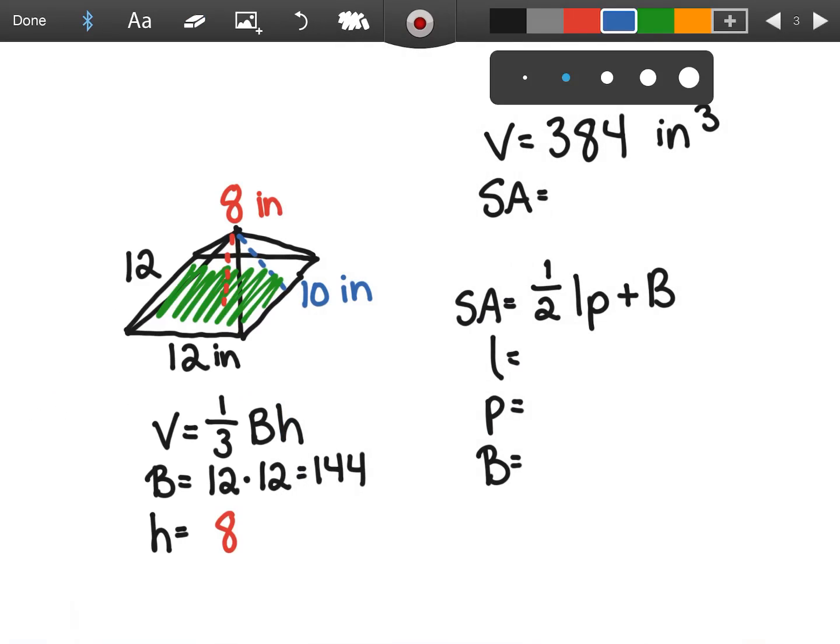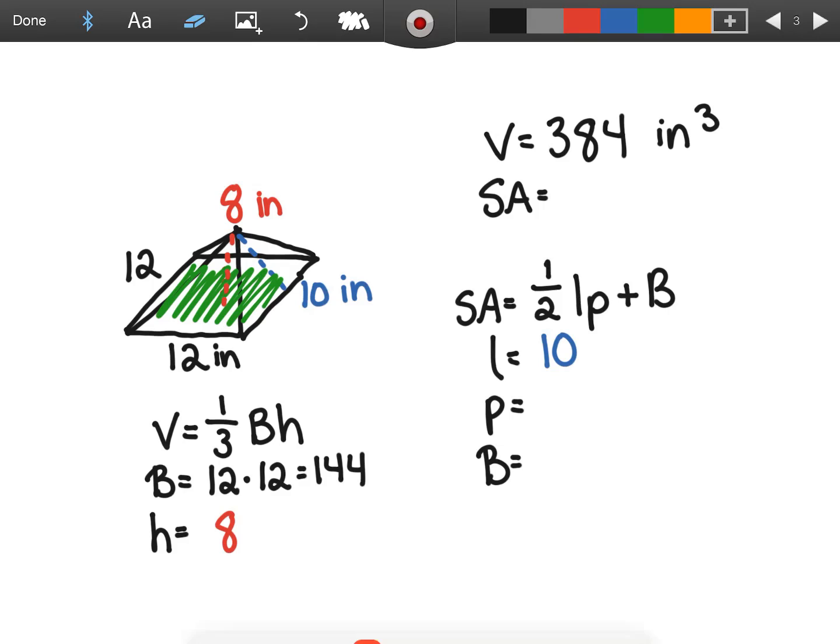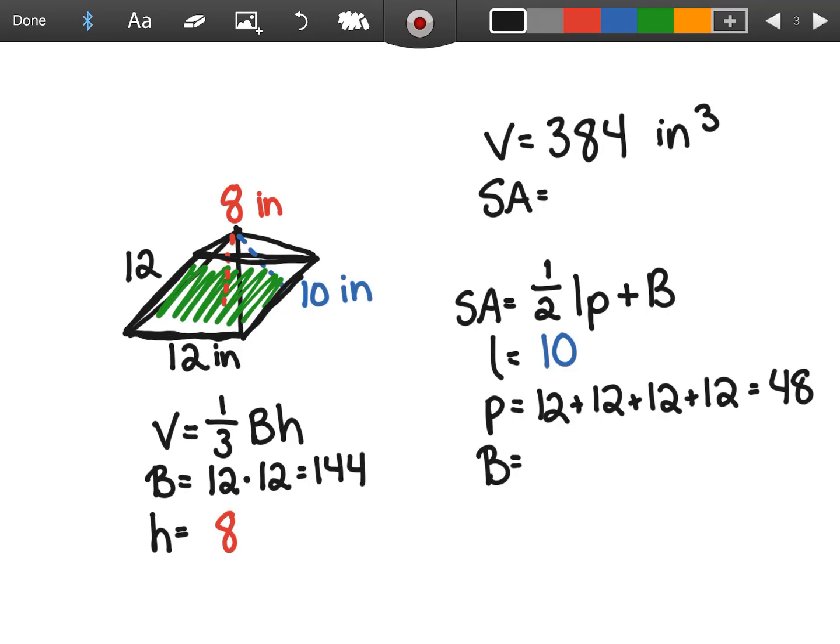So we already know that the slant height is 10. Now we need to find the perimeter of the base. Remember that it's a square, so all the sides are the same. So we need to do 12 plus 12 plus 12 plus 12, and we get 48. We already found the area of the base, which is 144.